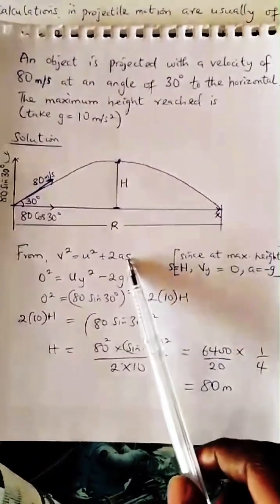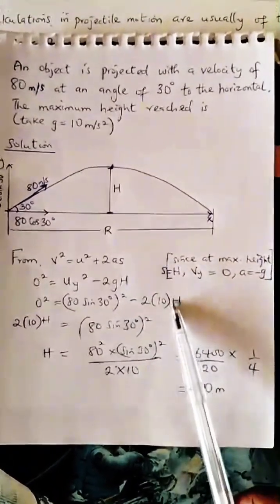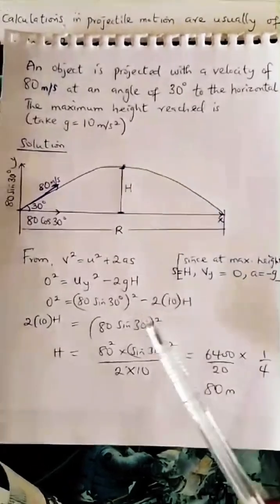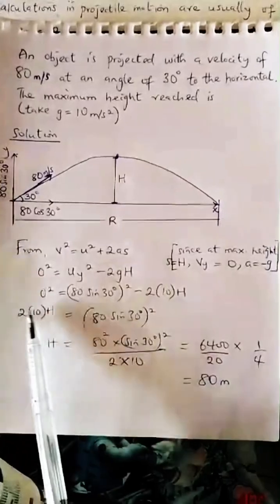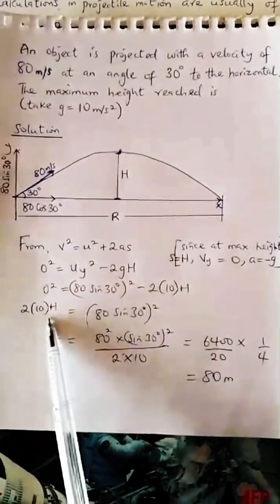Our distance s is replaced with height h, which we are looking for. So I'm going to make h the subject of the formula. This comes over here and becomes positive 2 times 10h.